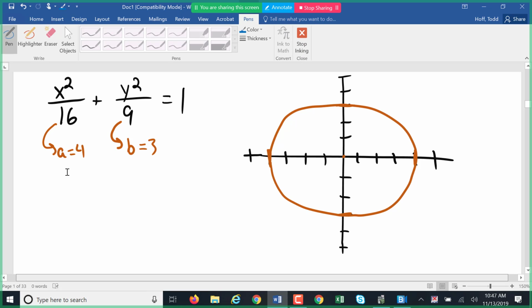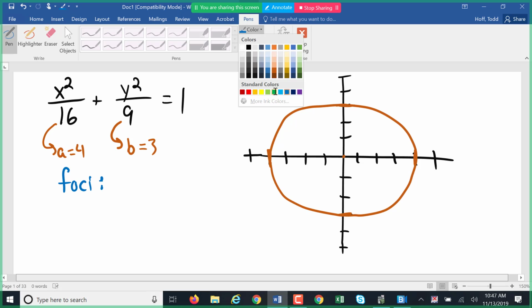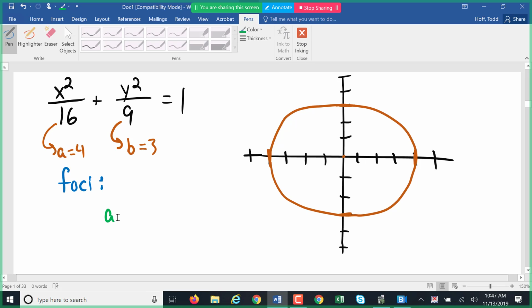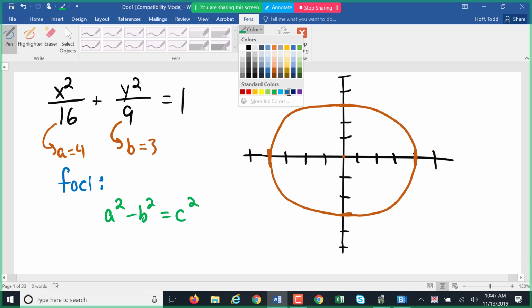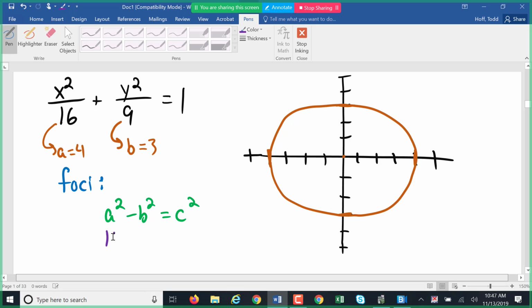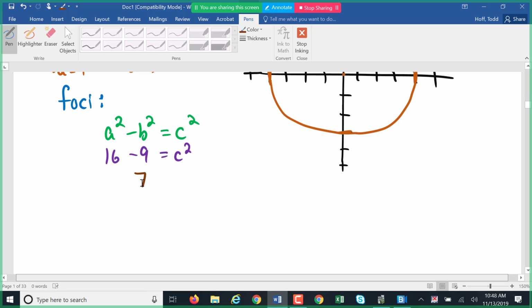My foci are found by finding the value of C. Since A is the larger one here, A squared minus B squared equals C squared. So 16 minus 9 equals C squared. 16 minus 9, of course, gives us 7 equals C squared.